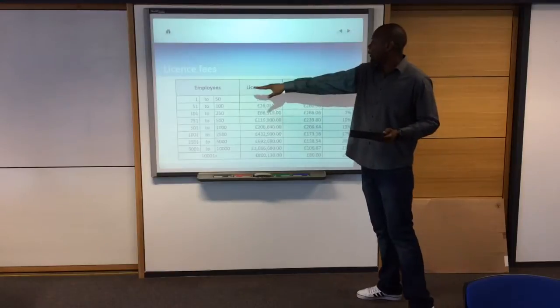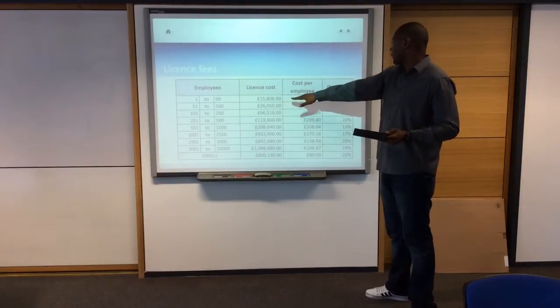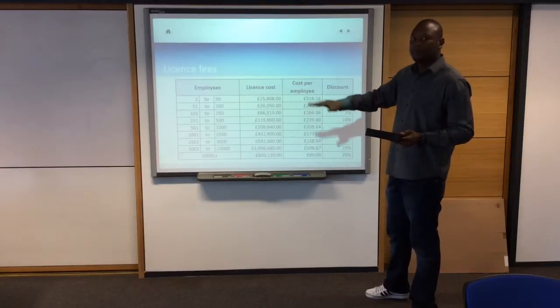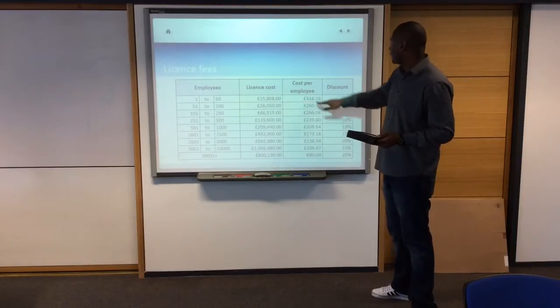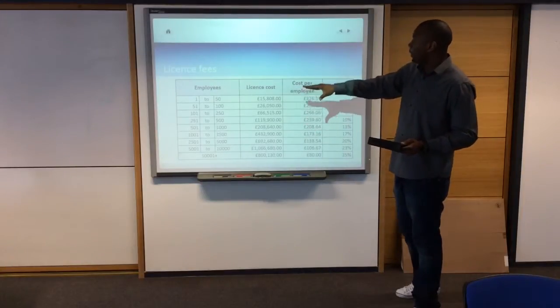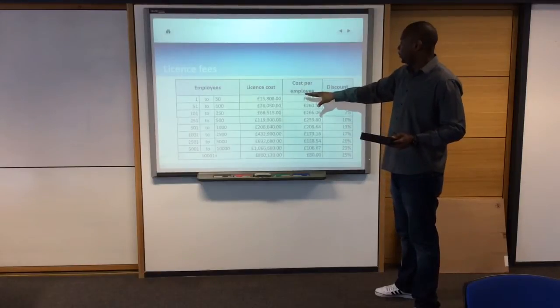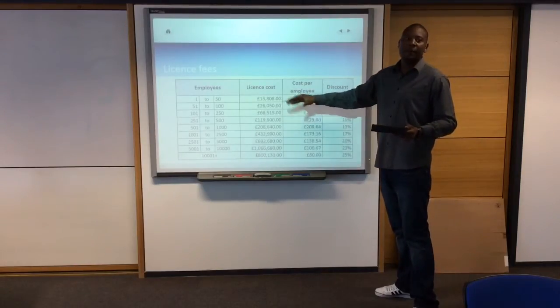So between 1 to 50 employees, the license cost is as on the board, £15,000, and this is the cost per employee. So what happens here is that the more customers, the more employees subscribe to this product, obviously the more money we get.